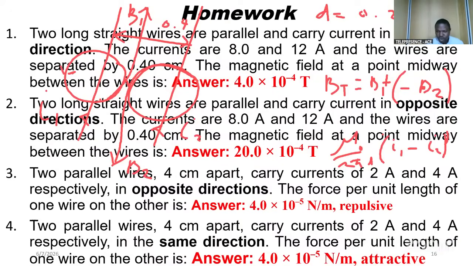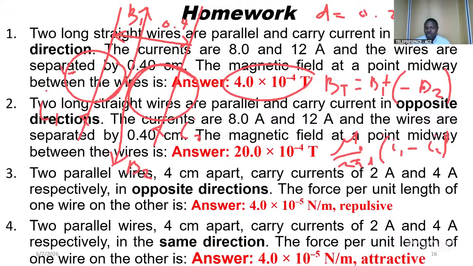Since we know the mu to be 4 pi times 10 to the power minus 7, and we know our D to be 0.2 times 10 to the power minus 2, because we convert 0.2 centimeter to meter. And the currents I1 equal to 8, I2 equal to 12, so that is 8 minus 12, which is going to be 4. If you substitute that into this one, you should be able to get this particular answer.